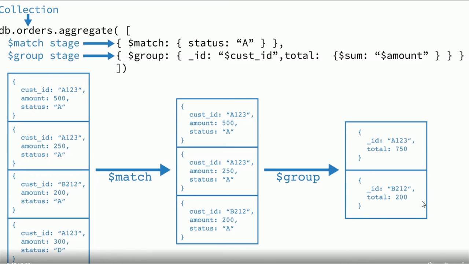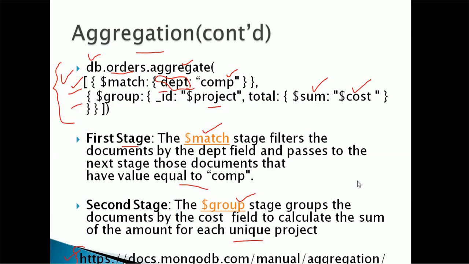Similarly, it will work based on whatever data you are specifying in the collection. It can work on multiple documents in a collection. So whatever animation we have seen, just for demonstrating aggregation stages, is available on this website. You can note this and refer to it for further understanding.